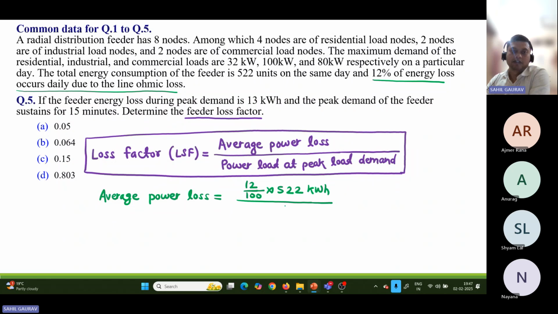We have to divide by 24 hours to get the average power loss. So it will come as 2.61 kilowatt. Now we have to find the power loss at peak load demand. Sorry, here I have written a mistake.